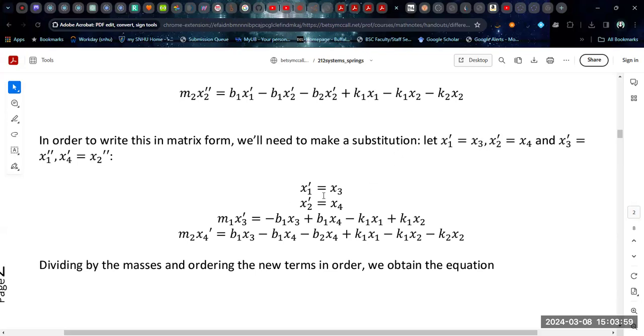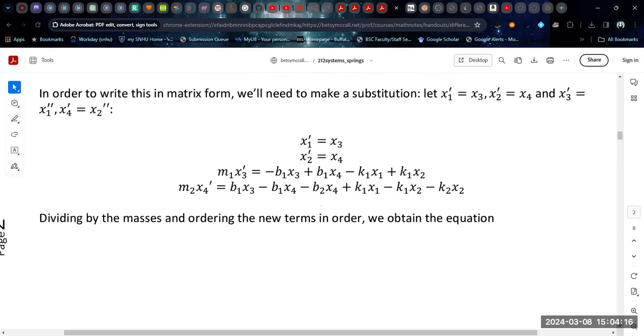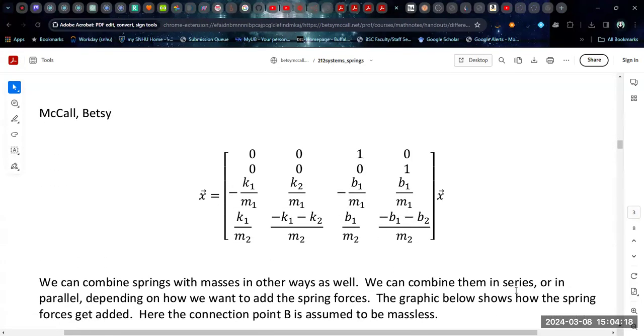And then our third and fourth equations are just these two variables that we are using as our substitutions. And now, again, we can divide out the masses and then collect coefficients for our various variables in the equation. And that will produce a matrix.